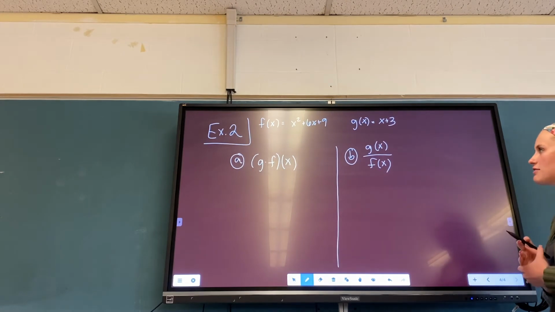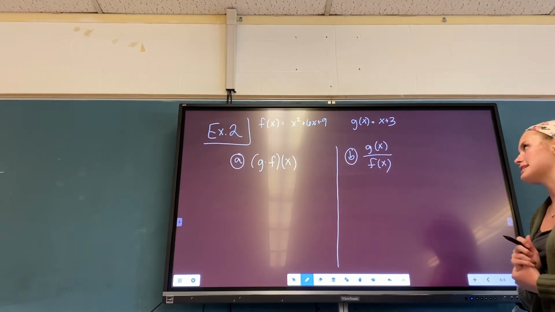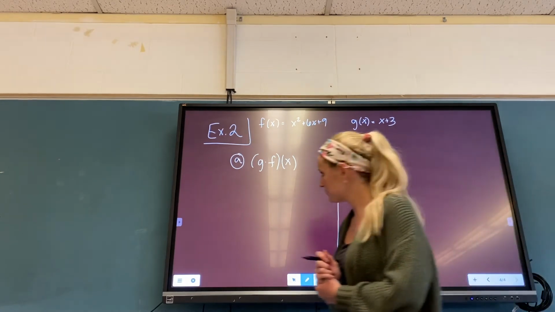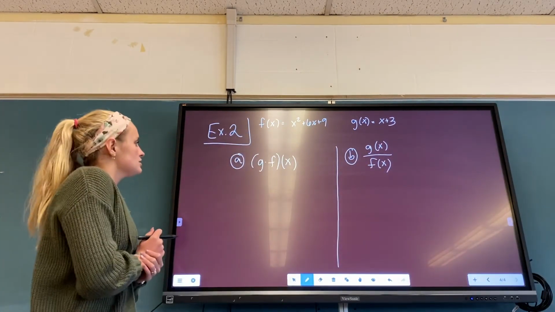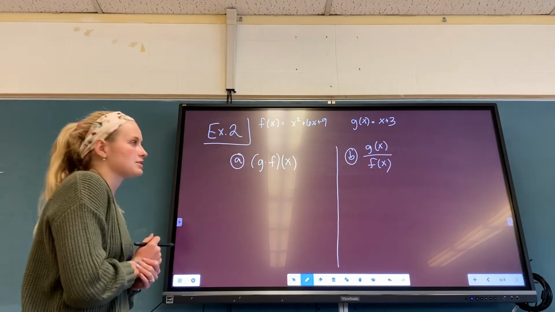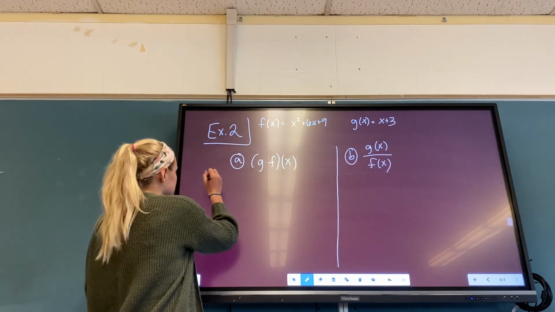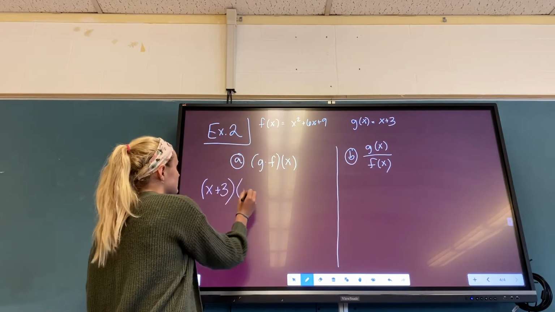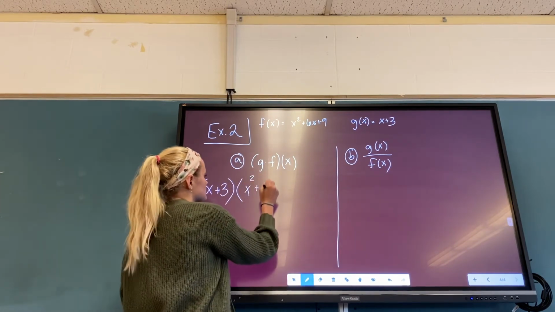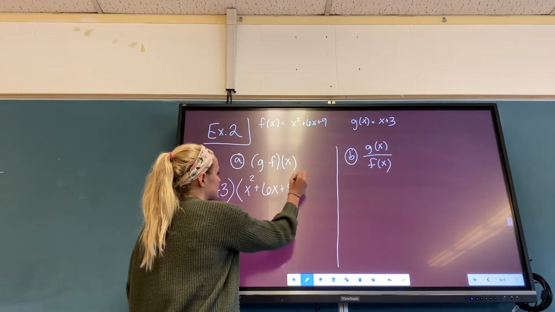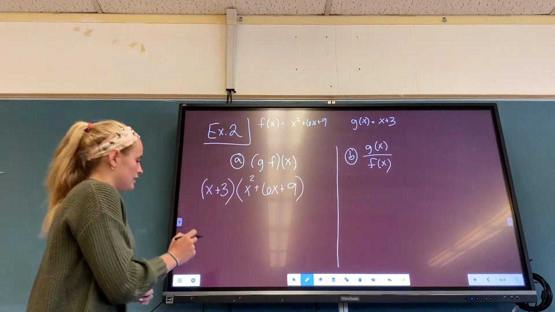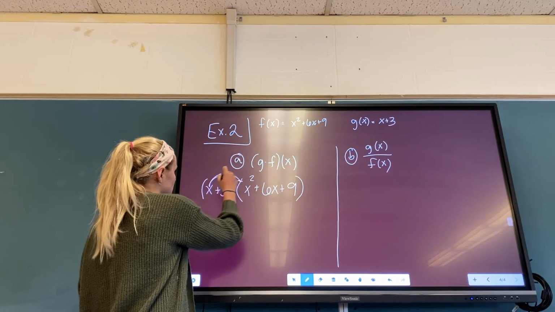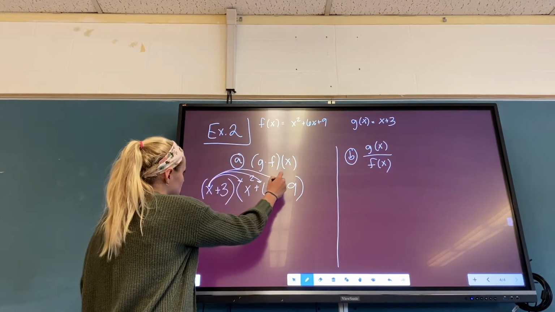This one we have f of x equals x squared plus 6x plus 9, and g of x equals x plus 3. So we're going to multiply first. This one is the easier one. We have g first, so x plus 3 first, times x squared plus 6x plus 9. As always, we're going to distribute. This one is a little longer than the last one that we did.